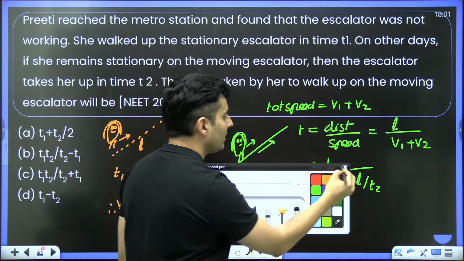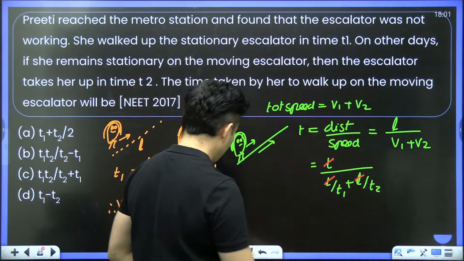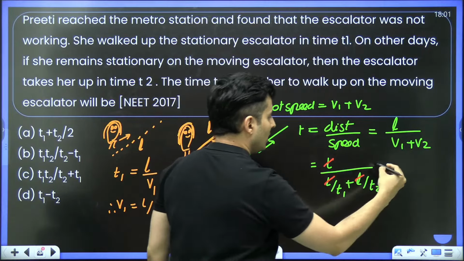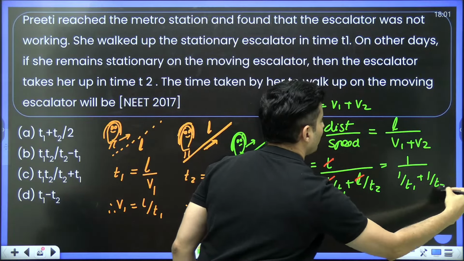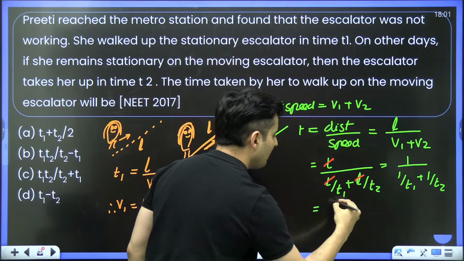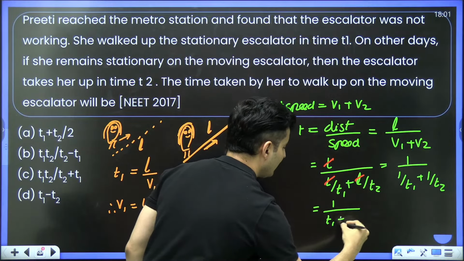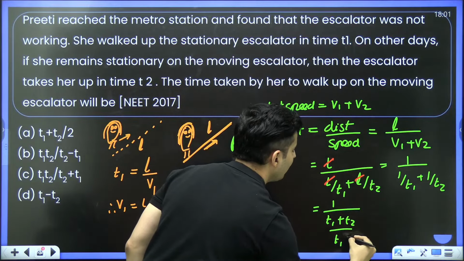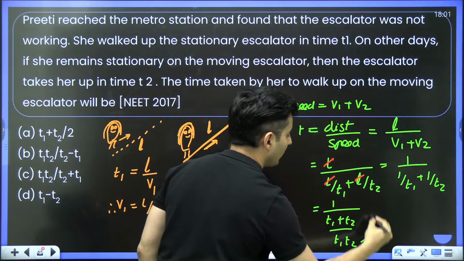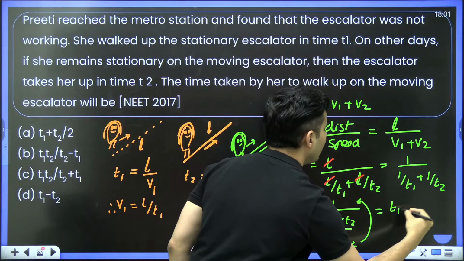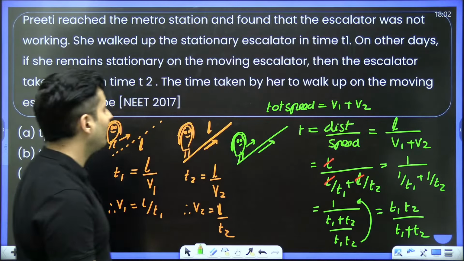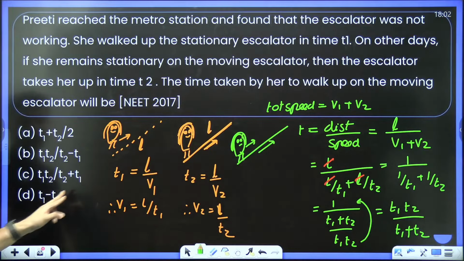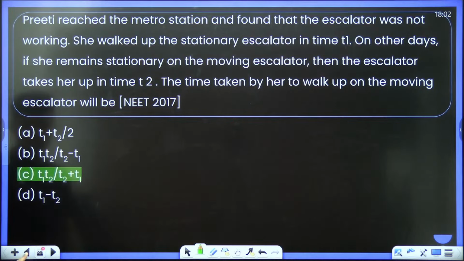Now you can see, my dear students, L will just get cancelled off. So it will be 1 by (1/t1 plus 1/t2). Take LCM: this will be 1 by (t1 plus t2) divided by t1 t2. Bring this on the top. So this will be t1 t2 divided by t1 plus t2. That's the final answer, option C, of course.